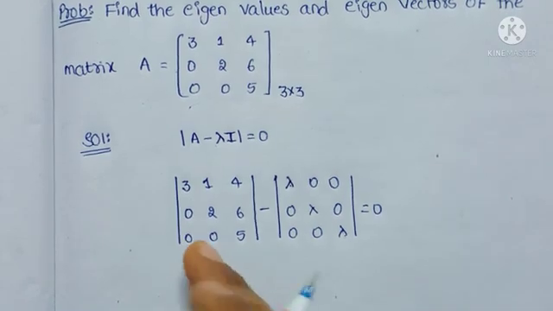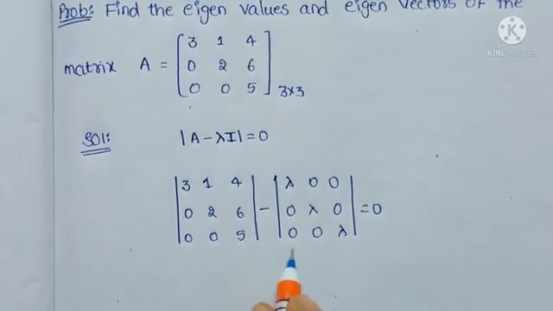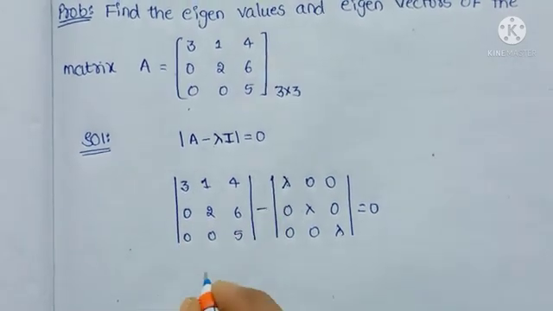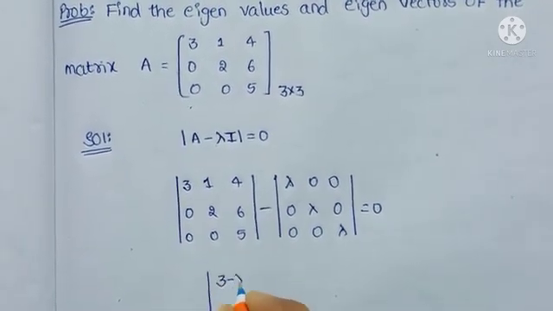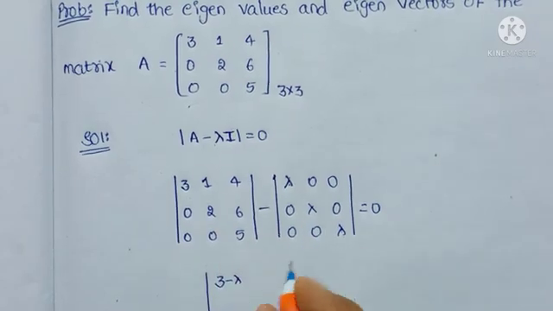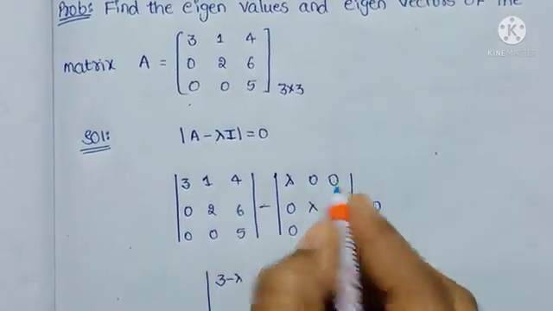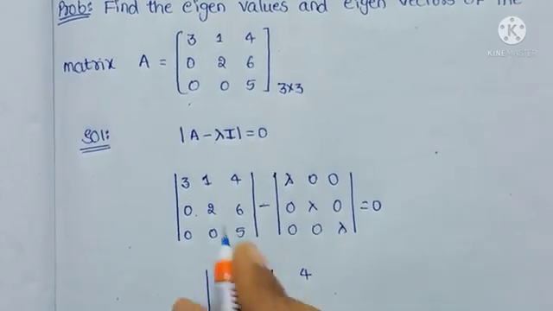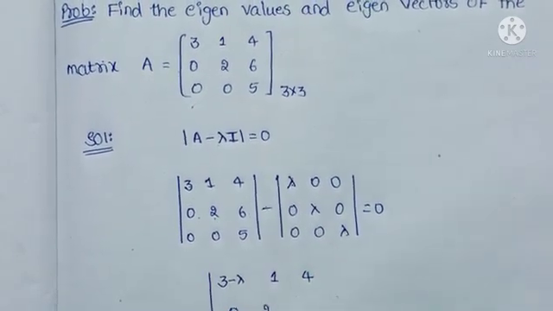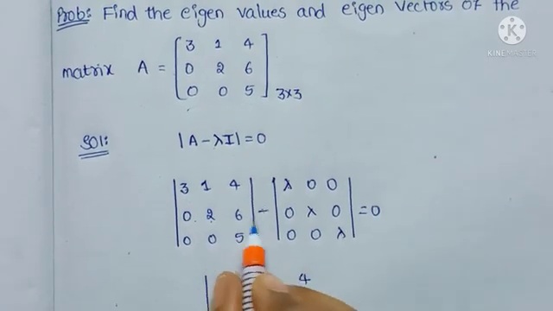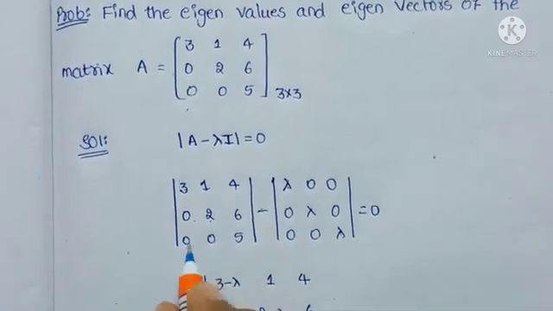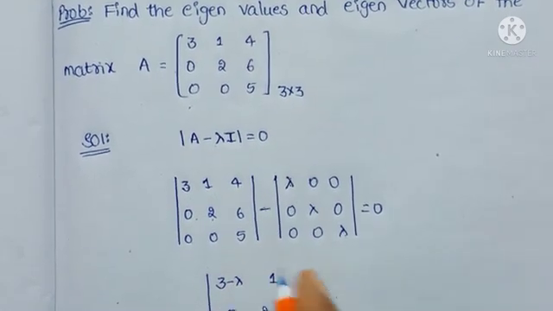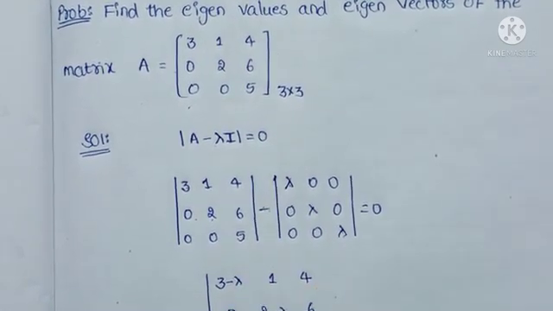Subtracting lambda I from the A matrix, we get 3 minus lambda, 1 minus 0 is 1, 4 minus 0 is 4, 0 minus 0 is 0, and 2 minus lambda here, and 6 minus 0 is 6, 0 minus 0 is 0, and 0 minus 0 is 0, here 5 minus lambda.